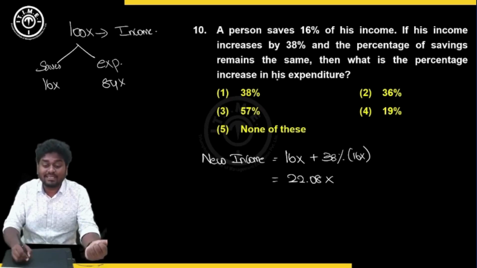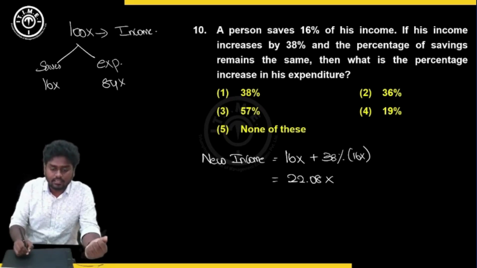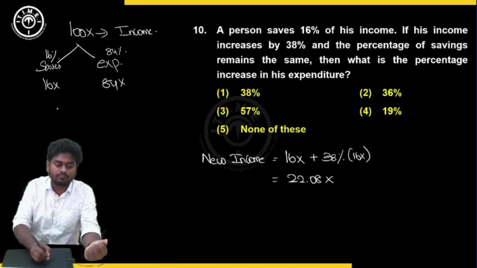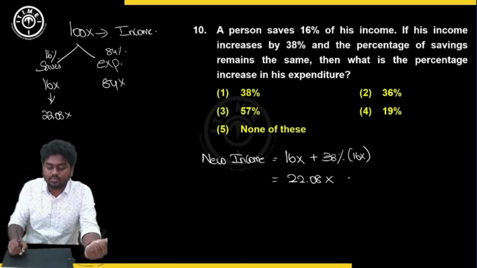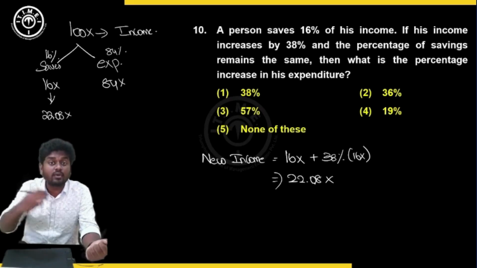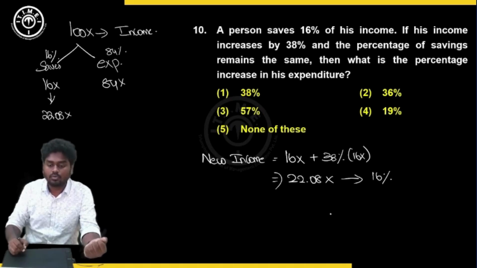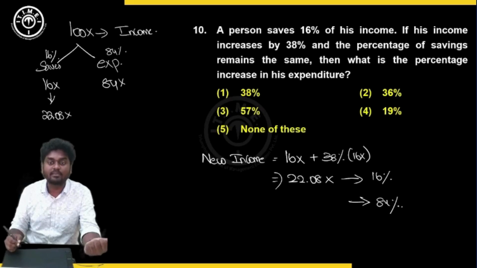Then what is the percentage increase in his expenditure? Guys, listen carefully. Initially he saves 16%, and this is 84%, isn't it? Now instead of this 16x, his new income becomes 22.08x. Right? So which means what? If this 22.08x is 16%, they are asking how much his expenditure 84% is.